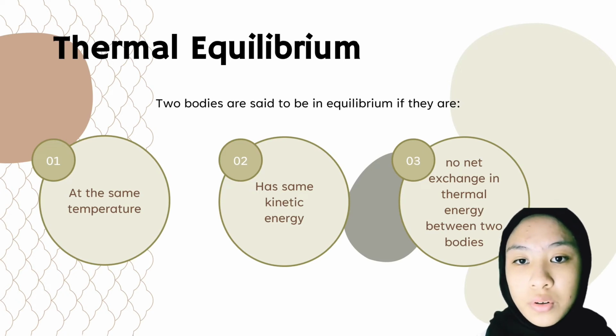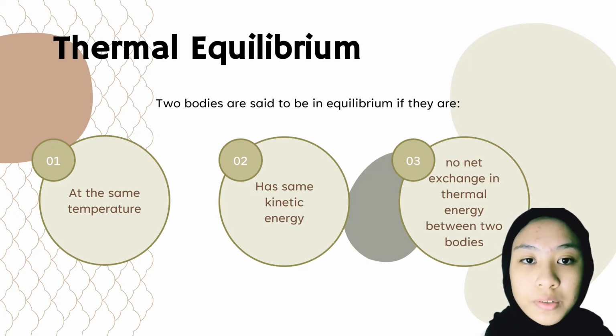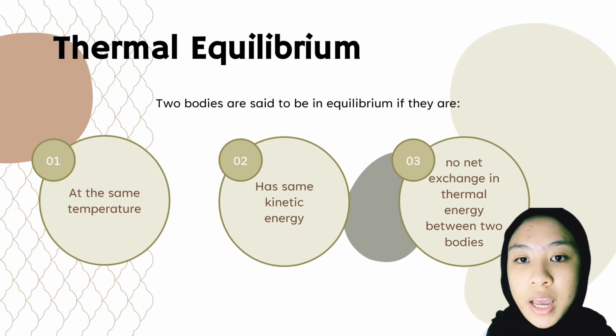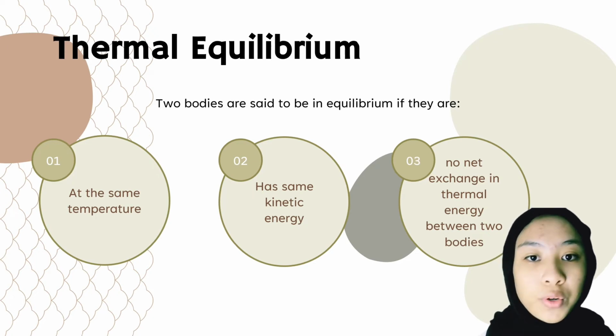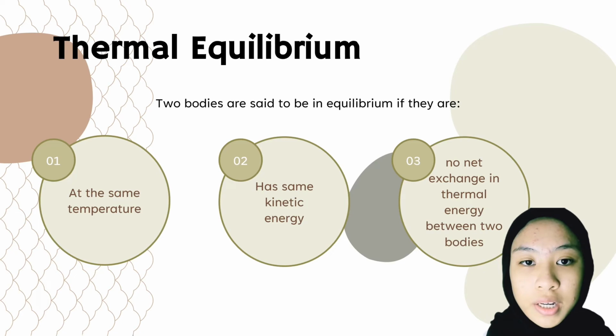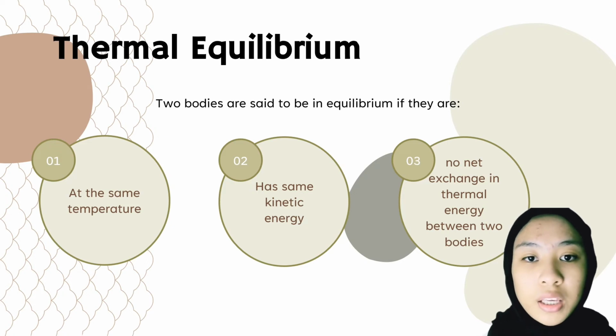The zeroth law of thermodynamics introduced the concept of thermodynamic equilibrium, in which two objects have the same temperature. If we bring two objects that are initially at different temperatures into physical contact, they eventually achieve equilibrium.